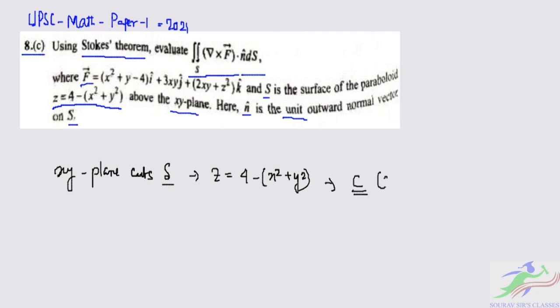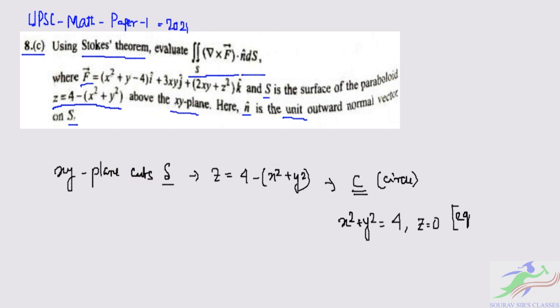Now the xy plane cuts the surface S of the paraboloid z equal to 4 minus (x square plus y square) in the circle C. So C is the circle whose equations are x square plus y square equal to 4, z equal to 0.